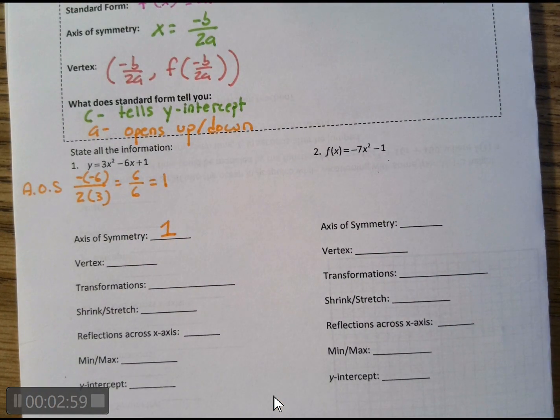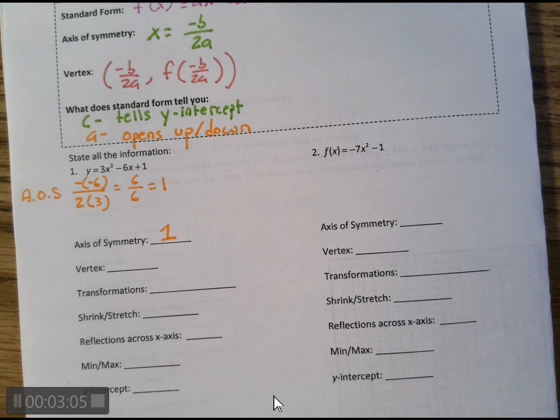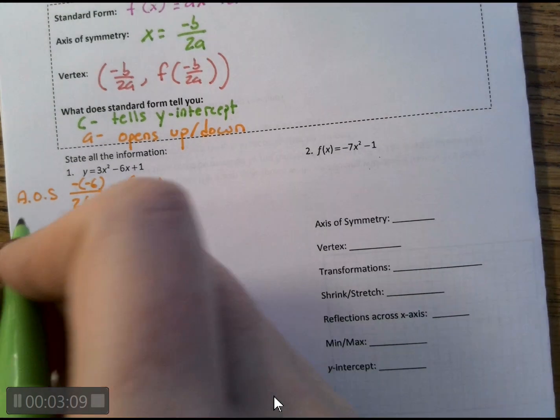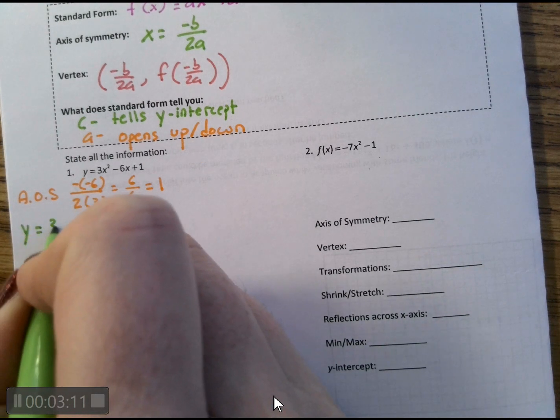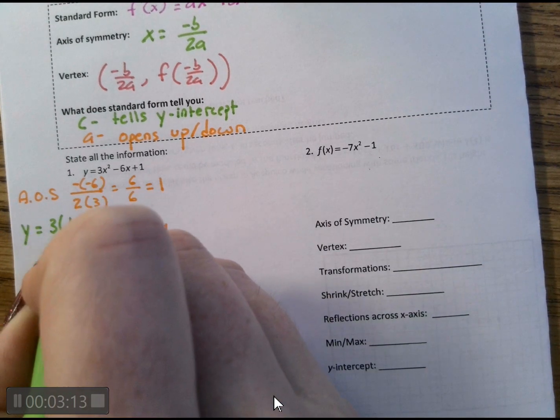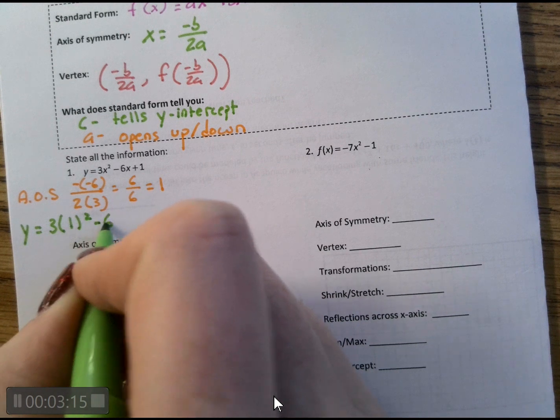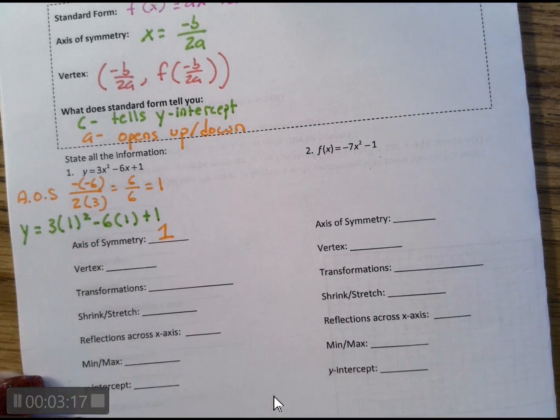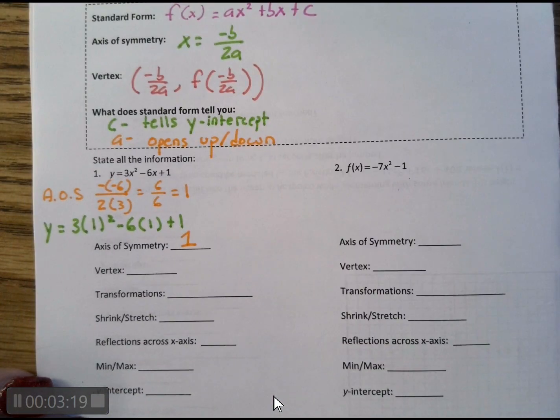All right? And then we are going to substitute in that axis of symmetry into our standard form equation. So we have y equals 3, or x is 1 squared minus 6 times 1 plus 1. Okay?